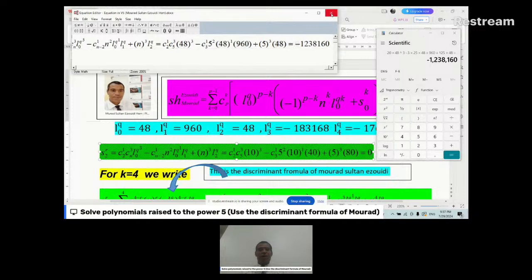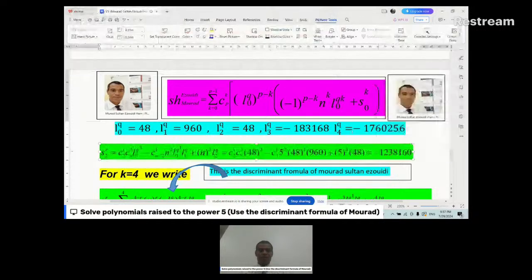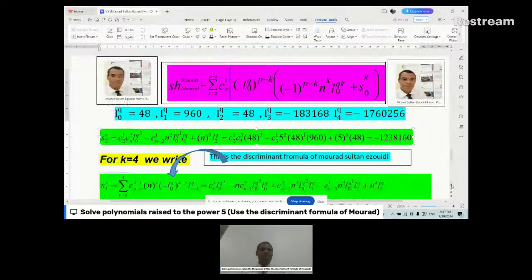I will close this one. Now I have already found, let's say, S2. It remains only two values, which are S3 and S4. After that, I can write my new fifth polynomial equation.